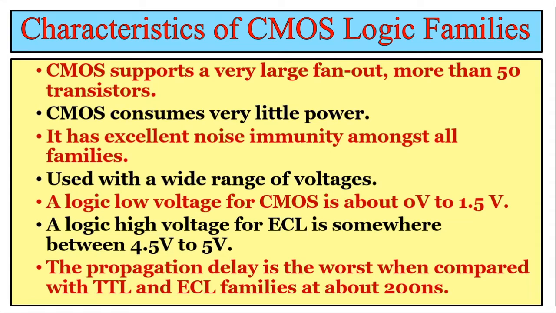A logic low voltage for CMOS is about 0 to 1.5 volt, and a logic high voltage is somewhere between 4.5 volt and 5 volt. The propagation delay is the worst when compared with the TTL and ECL families, at about 200 nanosecond.